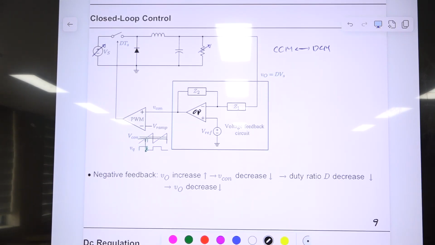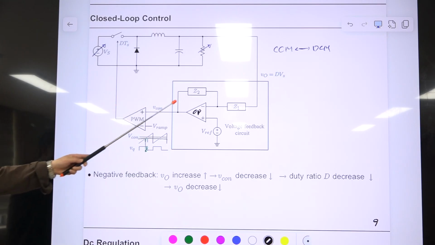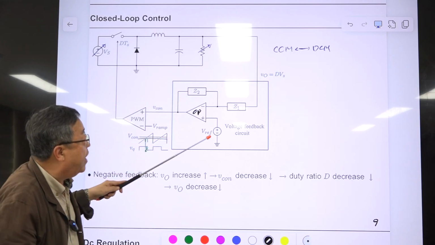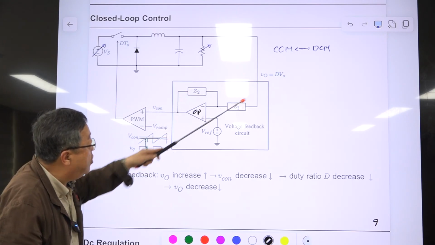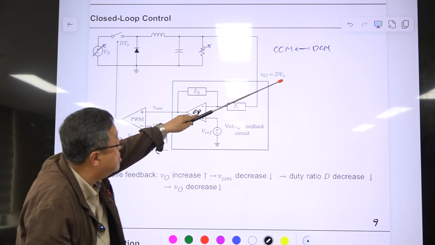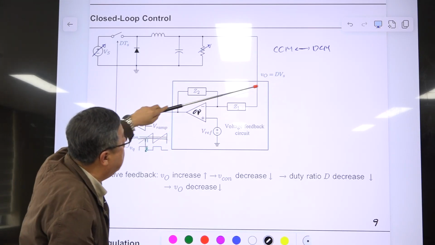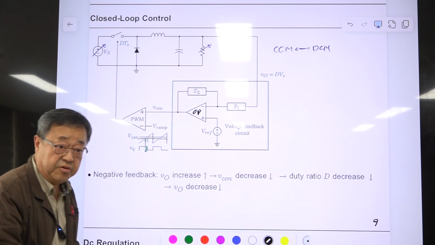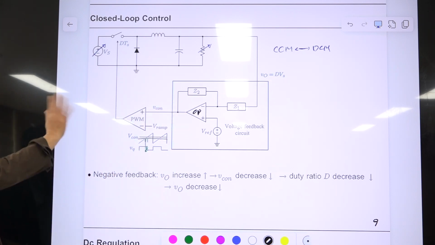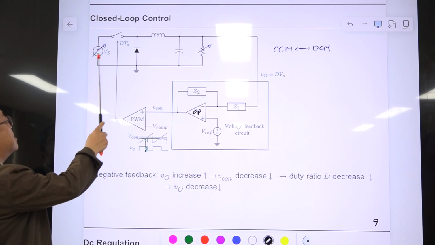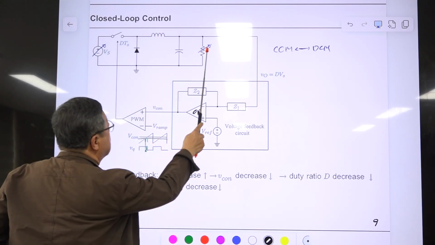So we want the output voltage to remain constant at this value. VO is given by this, VS is given. Then if this is the same as this one, then D should be fixed. So this is the desired structure, but somehow this VS is increased and R is increased.